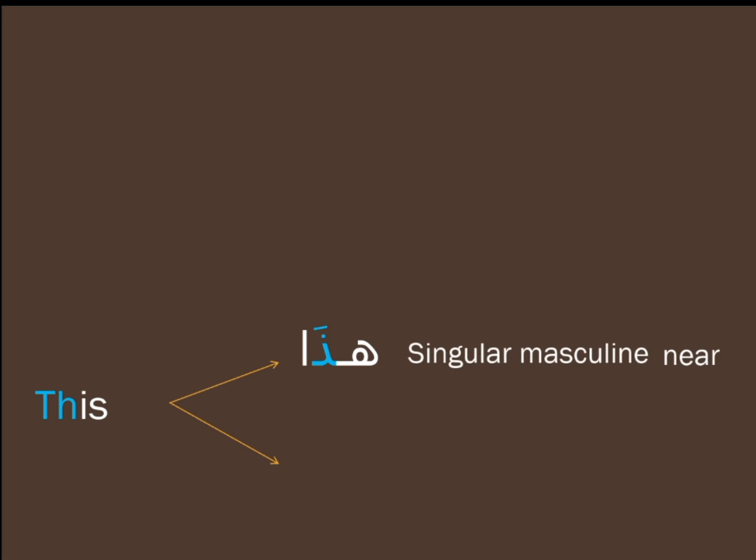This in Arabic means هذا. هذا is for singular, masculine, and near nouns. Or هذه. هذه is to refer to singular, feminine, near nouns.